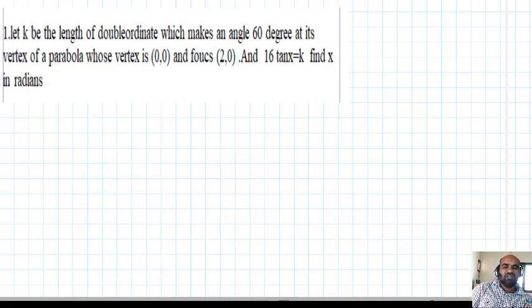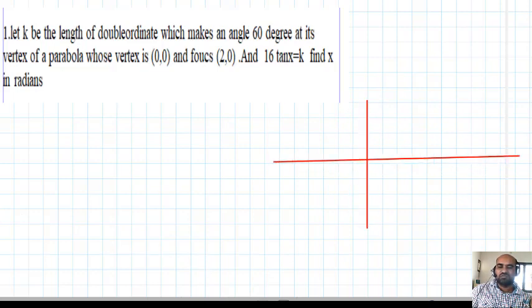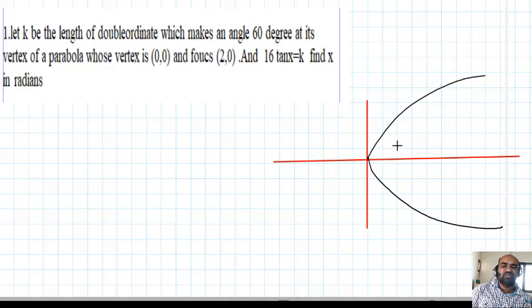Again I want to draw the diagram for that. This is the given parabola, a standard one. Vertex V is (0, 0), focus S or F is (2, 0).